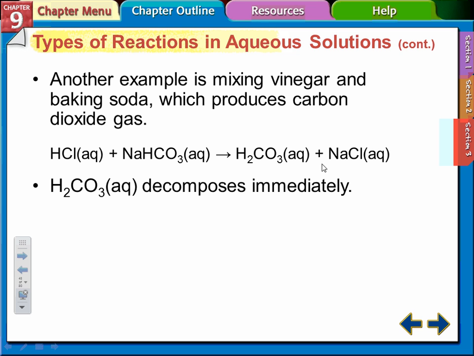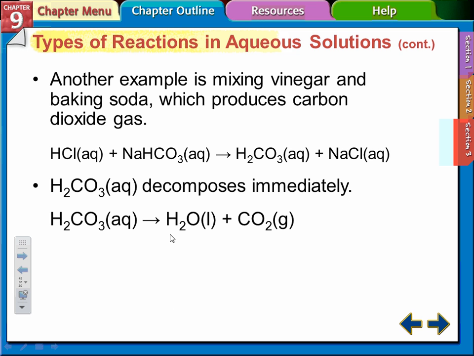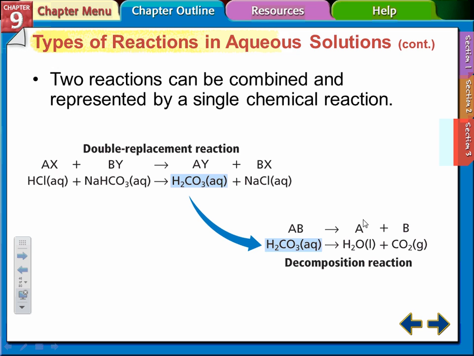Well, what happens right away is that this H2CO3, the hydrogen carbonate, immediately decomposes, right? These two react, and then right away it breaks down to form a water molecule and carbon dioxide. So this is not the end all. This is like a first step, and then immediately the second step happens, and it gets broken down into water and carbon dioxide.